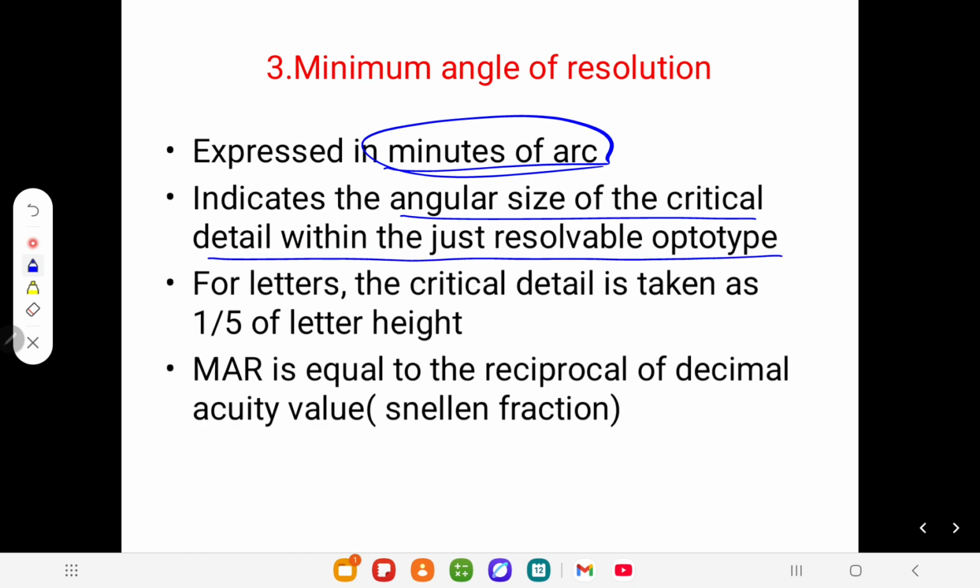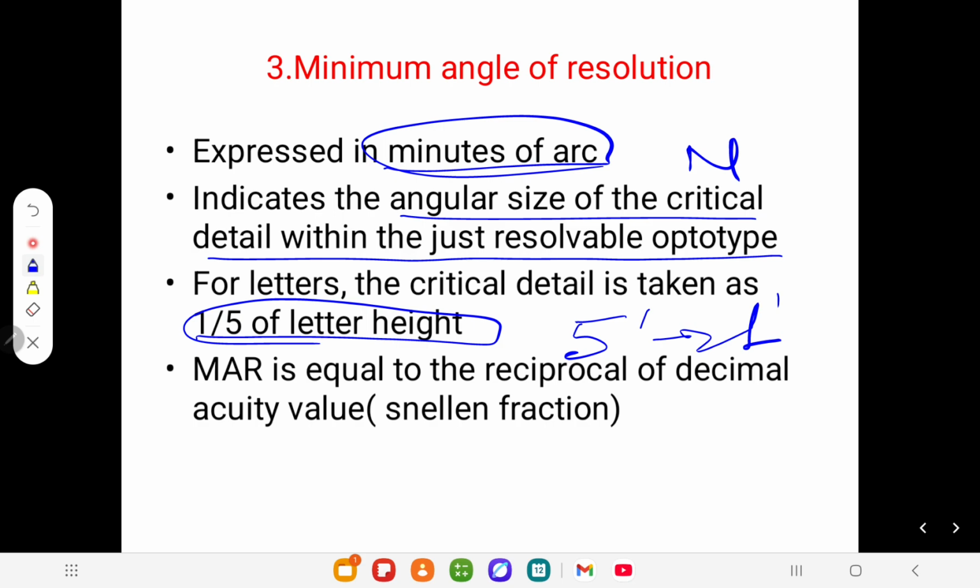What do you mean by angular size? Angular size made at the nodal point. Okay, that's an important point. For letters, the critical detail is taken as 1/5 of the letter height. As I have told, in total the letter makes 5 minutes of arc, but actually MAR is 1 divided by 5, which is 1 minute of arc. MAR means the detail, okay, that which we have to resolve.